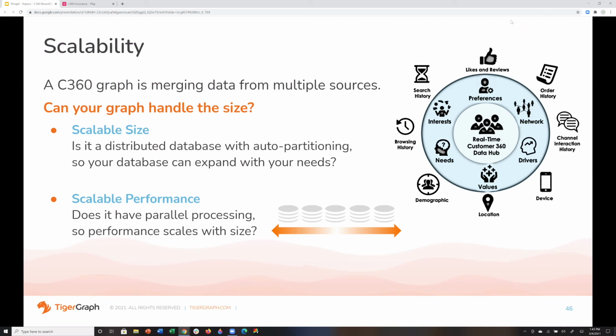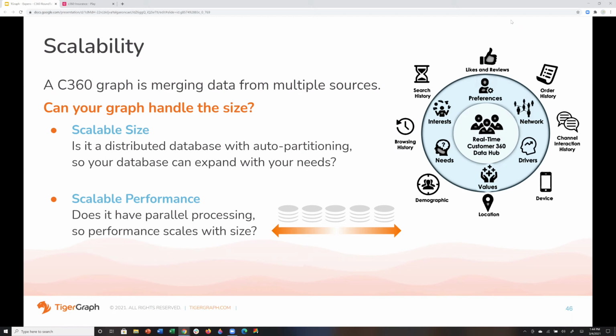So you're going to want to look for a database that's distributed with auto partitioning to make it simple on you. And second, you want scalable performance, because it's not going to do you any good to just store more data if you still have the same amount of computational performance. It's just going to get slower because you've got like one CPU that's trying to work with 5 times as much data.